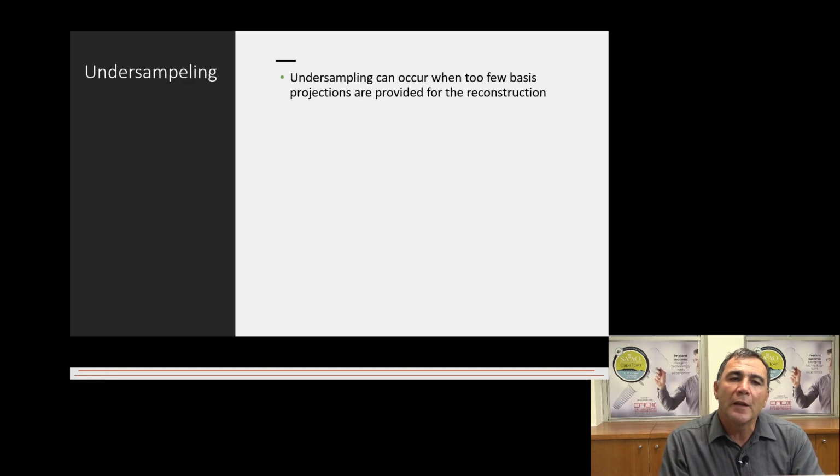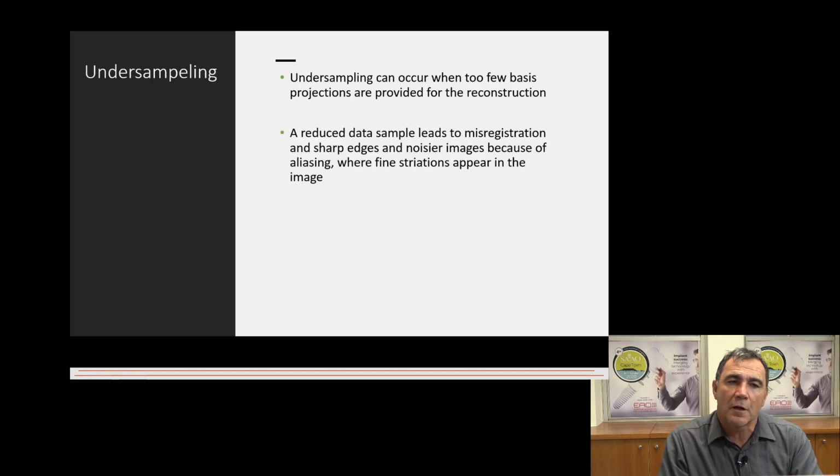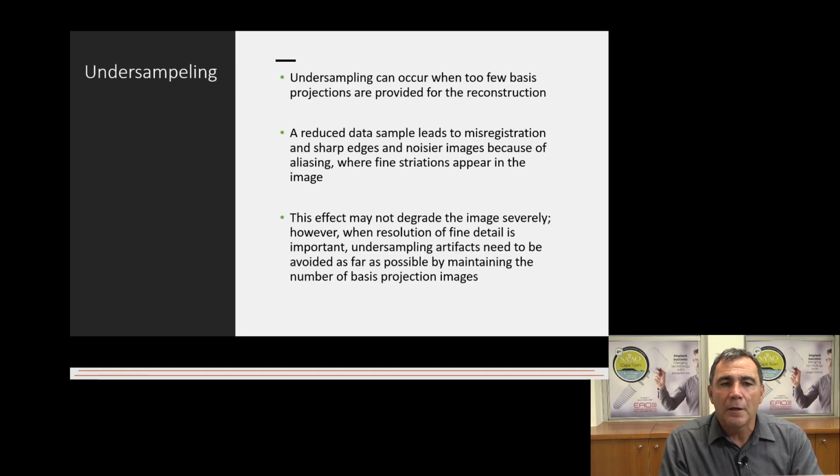Undersampling can occur when too few projections are provided for the reconstruction. A reduced data sample leads to misregistration, sharp edges and noisier images because of the aliasing, where the striations appear in the image. This effect may not degrade the image severely.